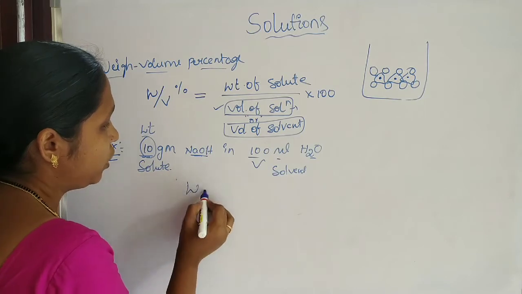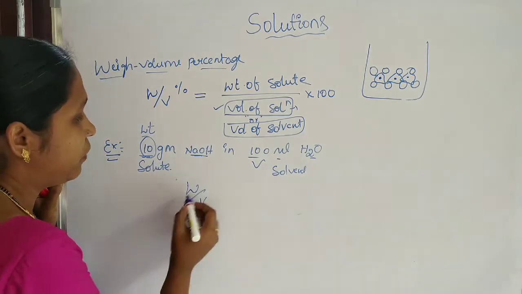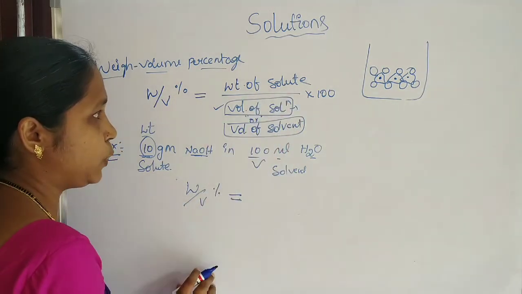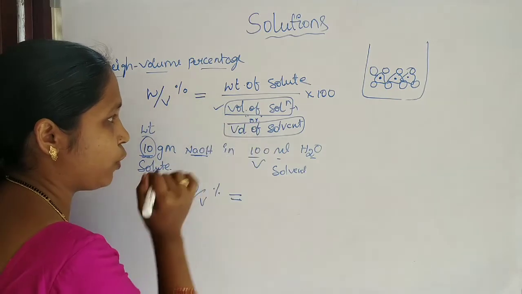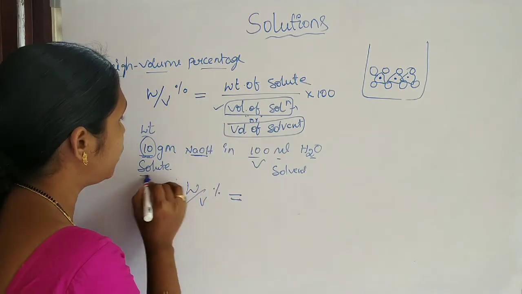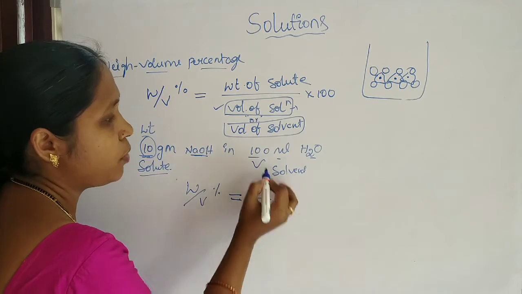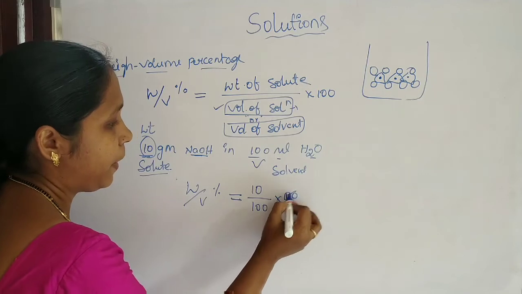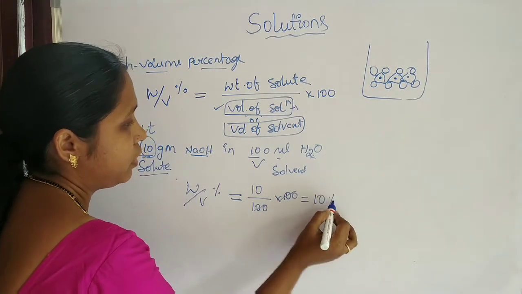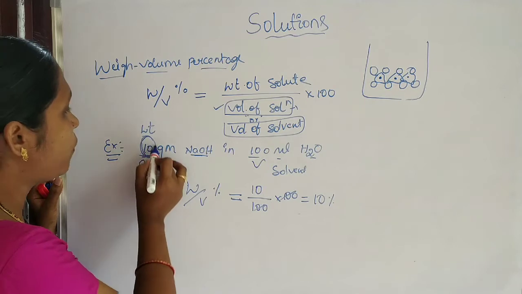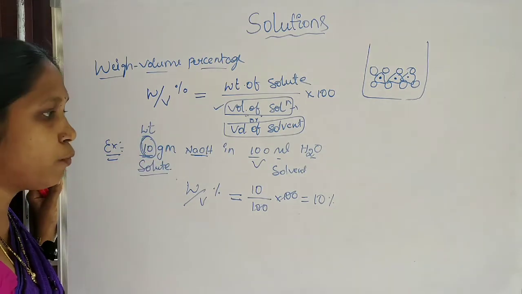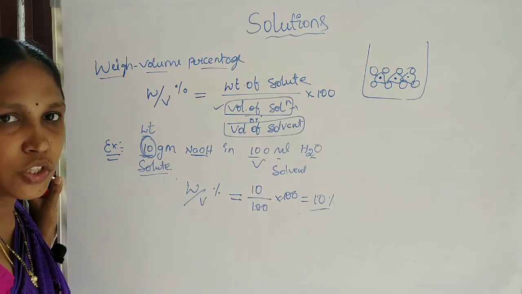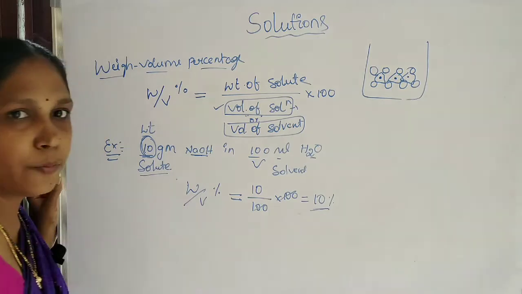So we use the weight by volume percentage method, which equals the weight of solute by volume of solution or solvent, into 100. The weight of solute is 10 grams and the volume of solvent is 100 ml, into 100. So 10 grams of NaOH in 100 ml of water means a 10% NaOH solution. The concentration is 10%.